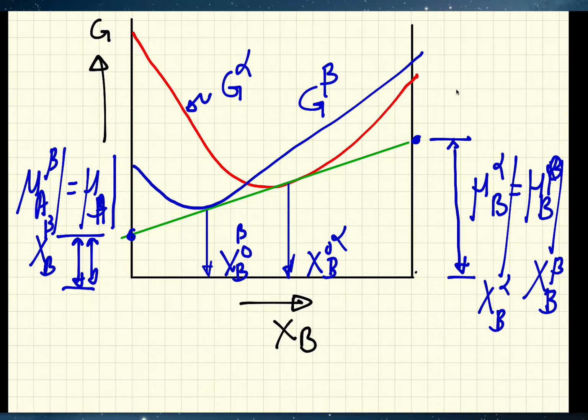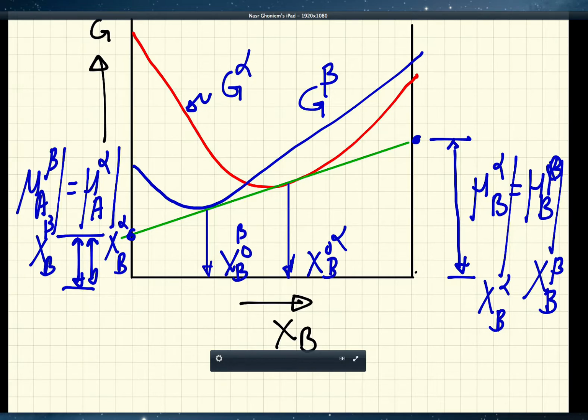Just to be clear here, this mu sub A is the same element, but now it's in the alpha phase, evaluated at x sub B in the alpha phase. So that's how we're going to write it down. And therefore, we find the common slope, and we are just done with this process.